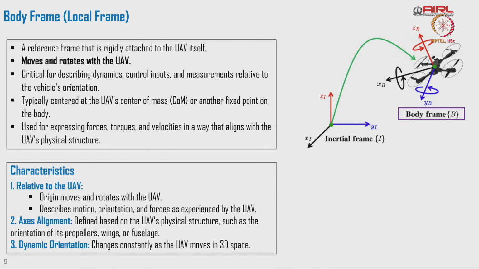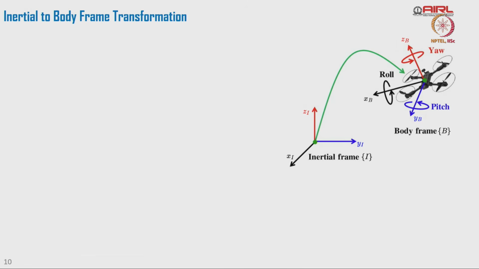Usually these axes are aligned with the physical structure, so that it is easy to define the orientation of the forces and moments we are getting on the body. Usually we use the local frame of reference to define the 6 degree of freedom model, or the dynamics of the vehicle. Here it is a drone, so we use the local frame of reference.